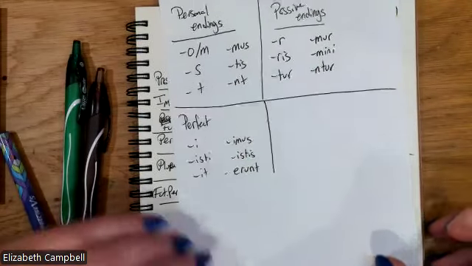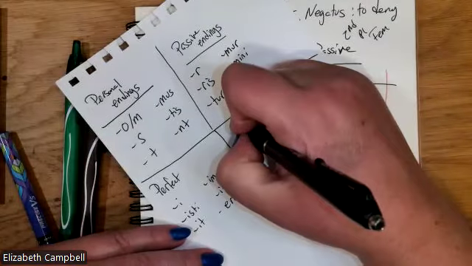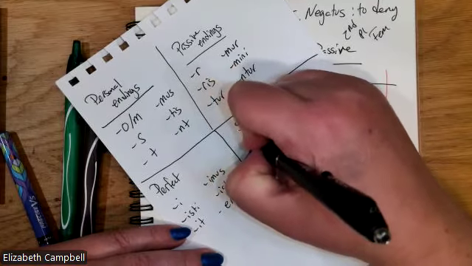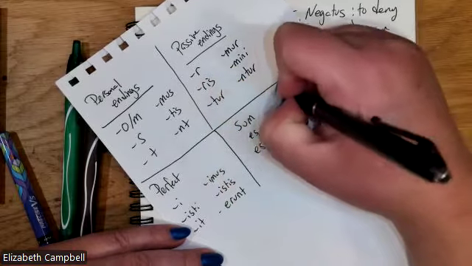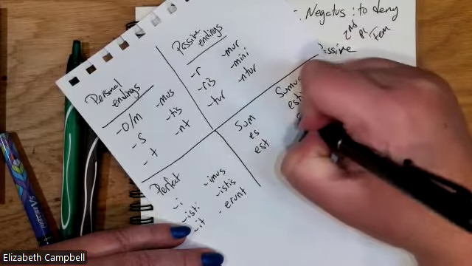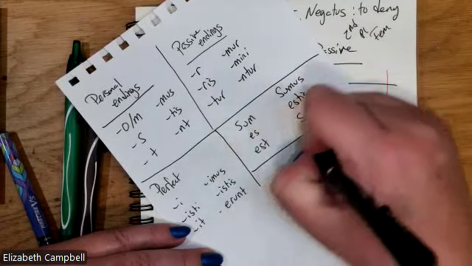And as I pointed out, I think today on the board, you also need to know the conjugation of the verb to be. Sum, es, est, sumus, estis, sunt.